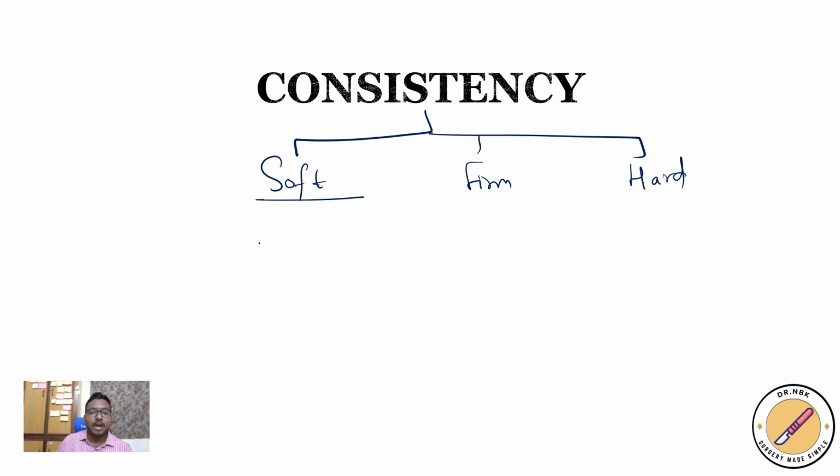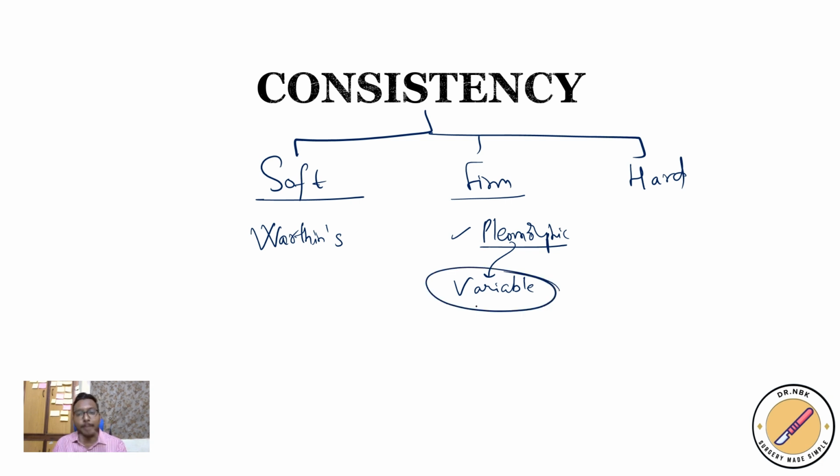Usually soft: I told you Warthin's tumor is cystic and the surface is also a little bit smooth, so you can have Warthin's which has soft consistency. Then firm, you can take the example of pleomorphic adenoma. Actually, pleomorphic adenoma has a variable consistency because each component is different. And you know that hard is usually seen in malignancy.